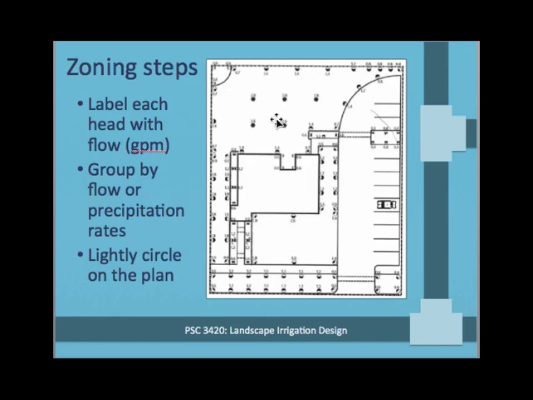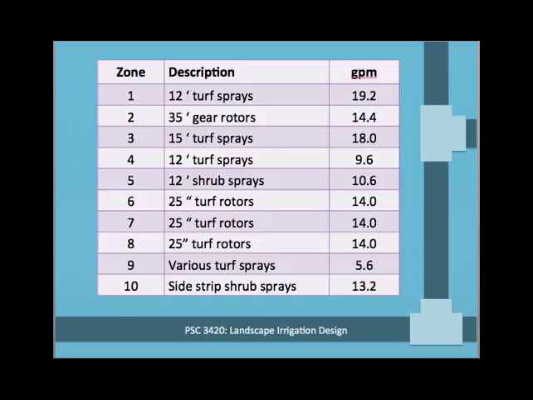So in this case, the heads have been labeled with flow. And so the next step is to group them by flow or precipitation rate. And the way that they have approached this particular design is to create 10 different zones based on a number of factors, whether they were using rotor heads, fixed spray heads, or shrub sprays.